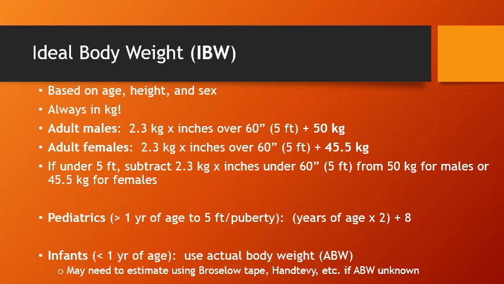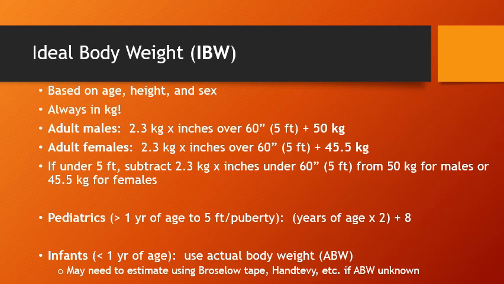Okay, infants, to calculate their ideal body weight is real easy. We're not going to use ideal body weight. We're going to use their actual body weight, also abbreviated ABW. So ideal body weight is IBW. You'll see that from now on in the presentation. That's what that means. ABW is actual body weight.